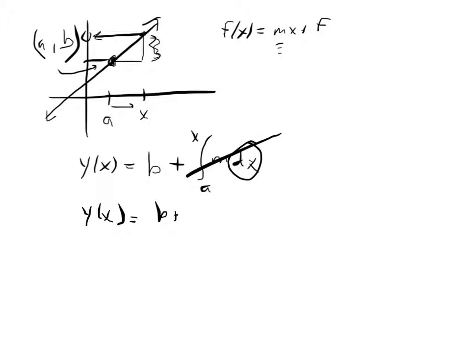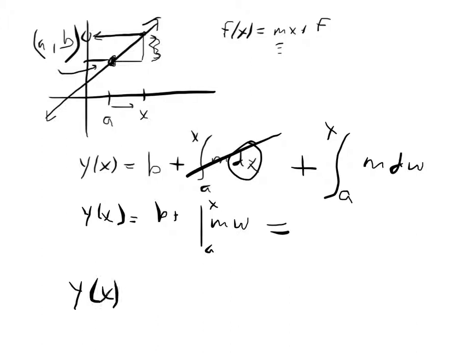I should have written plus the integral from a to x of m dw, so that when I integrate, by the fundamental theorem, I get mw from a to x. So that's then going to equal b plus mx minus ma. We'll go to a new slide.